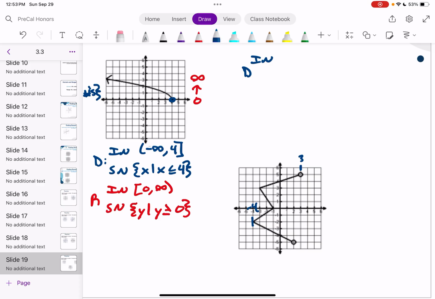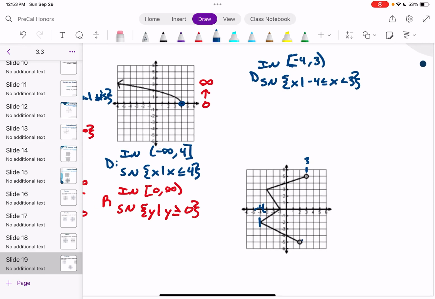We would not include the 3 because there's an open circle, which means we would write this as a bracket of -4 going up to 3 with a closed parenthesis, and our set notation would be x such that -4 is less than or equal to x, which is less than 3. We have to make sure we put less than 3 because we do have an open circle on the 3. You might be asking, what happens with the 2 since we have an open circle on the 2? Keep in mind the line on this side went through the 2, which means we did include that 2.